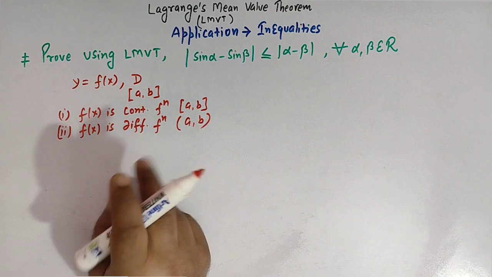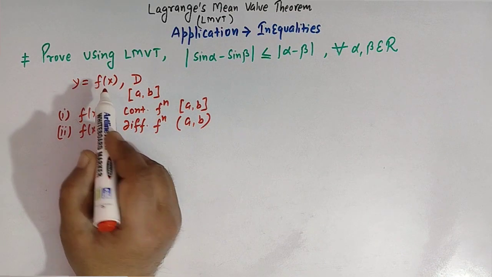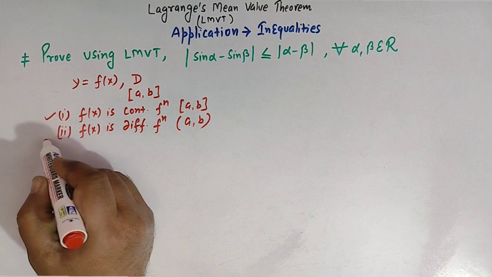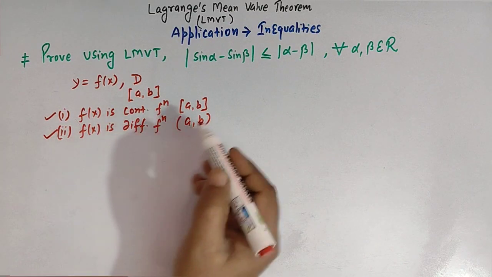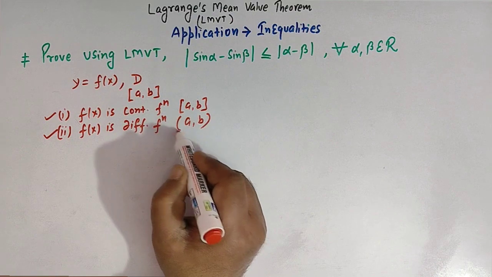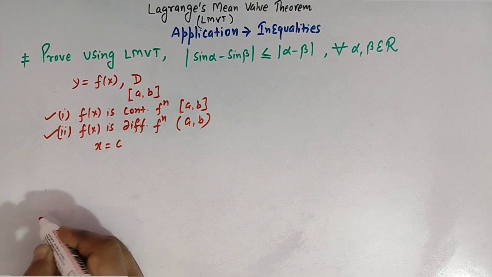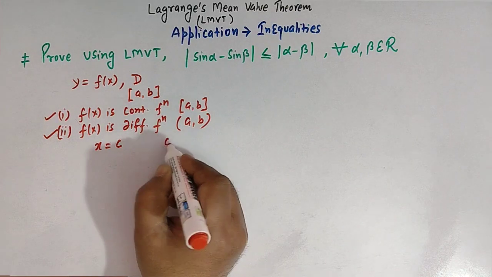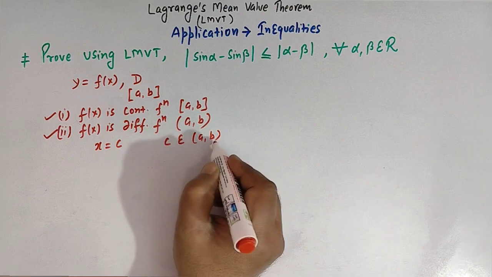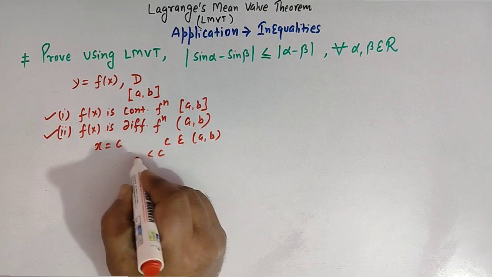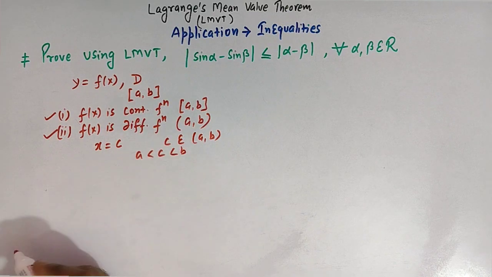then Lagrange's mean value theorem says that if a function y is equal to f of x satisfies these two conditions, then there must exist some point in this open interval, say the point is x is equal to c, right? Then c belongs to this interval a comma b. This is the open interval, so we can also write it as c greater than a and less than b, right?